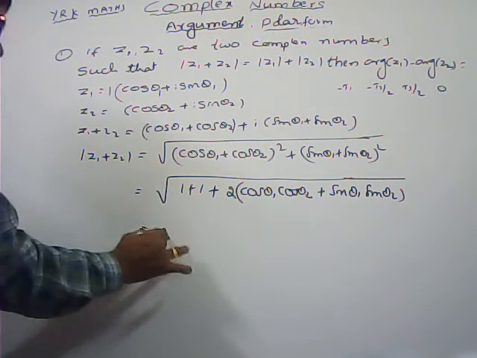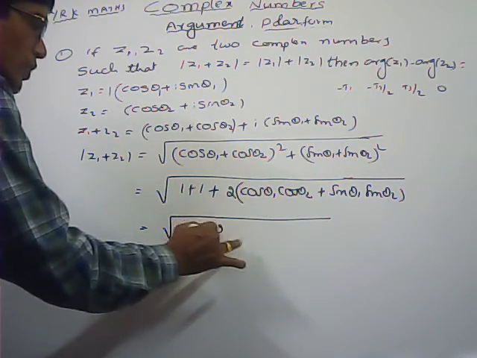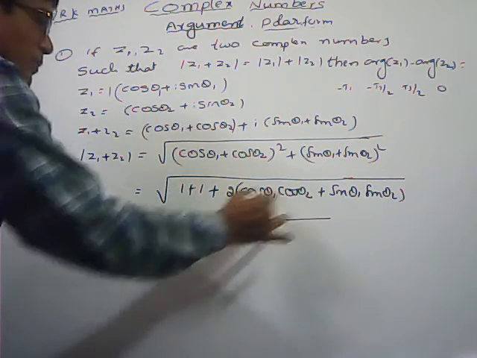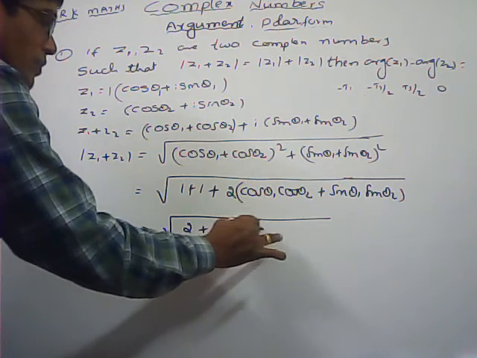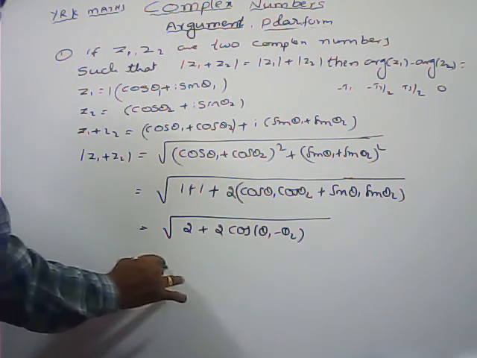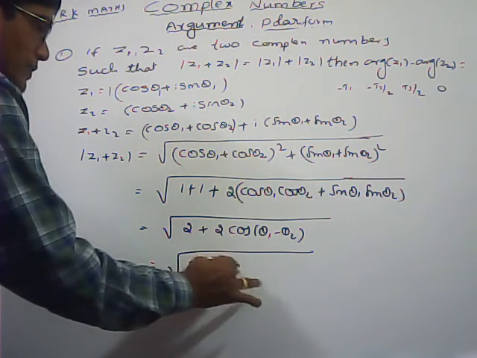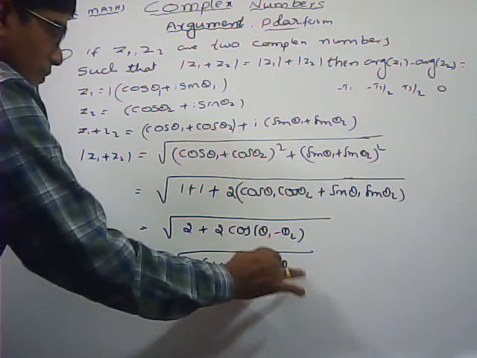So the modulus of Z1 plus Z2 is the square root of 1 plus 1, that is 2, plus 2 into cos A cos B plus sin A sin B, which is cos of A minus B, cos of theta 1 minus theta 2. Taking 2 as common, it is 2 into 1 plus cos of theta 1 minus theta 2.